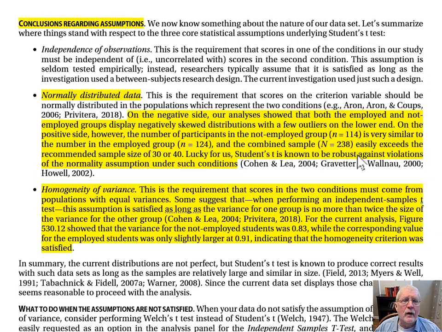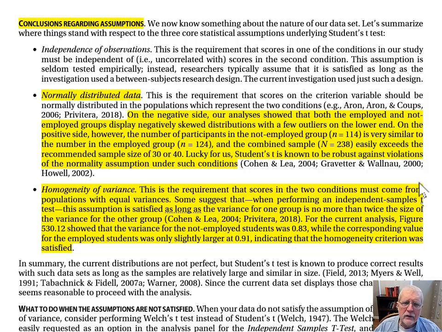Well, conclusions regarding assumptions. We've got skewed distributions, but is it so bad we can't do a t-test? One of the assumptions underlying the t-test is normally distributed data. On the negative side, our analyses show that both the employed and not employed groups displayed negatively skewed distributions with a few outliers on the lower end.